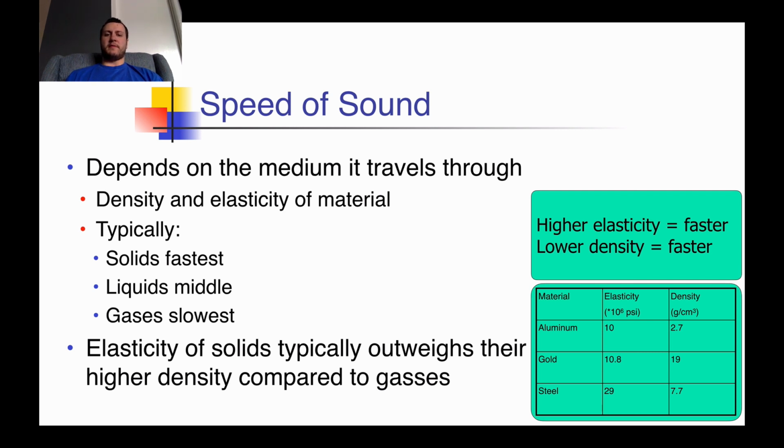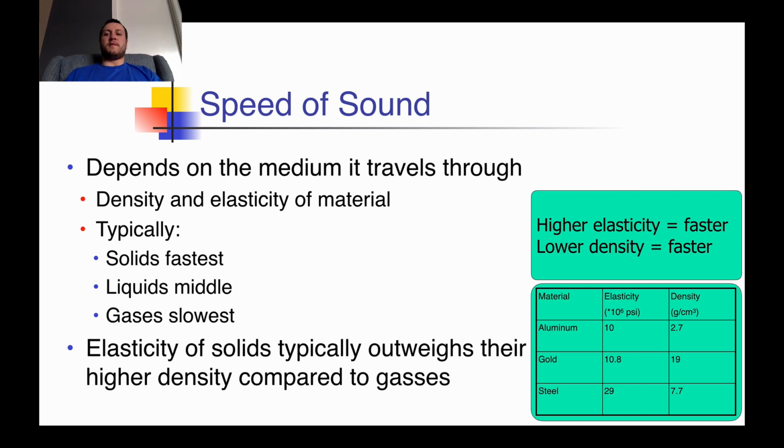What we then have is that relationship between elasticity and density. In solids, that high elasticity tends to overpower the higher density that they have. If you compare a solid to a gas, solids are going to have a higher density than a gas will.